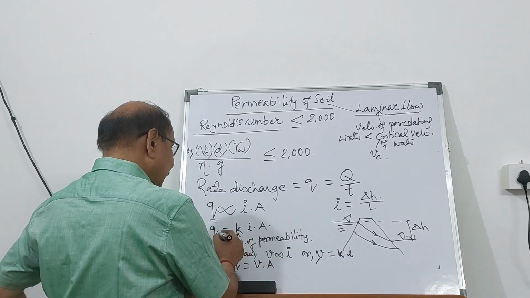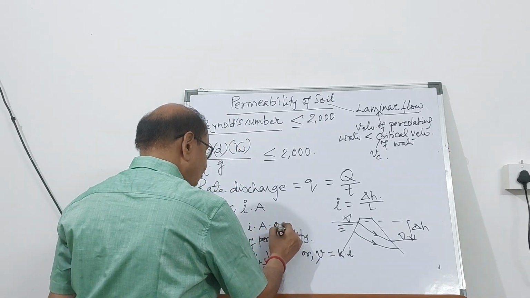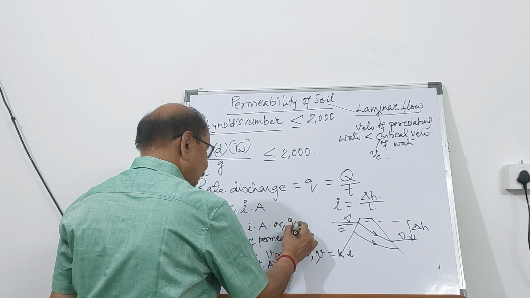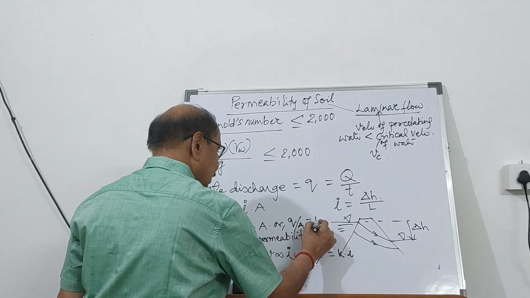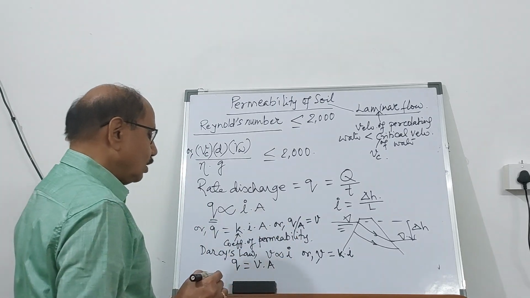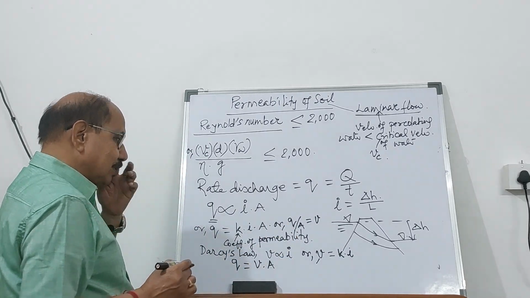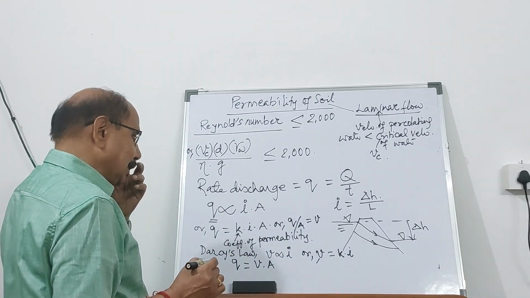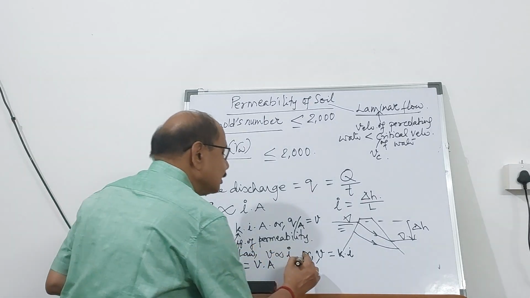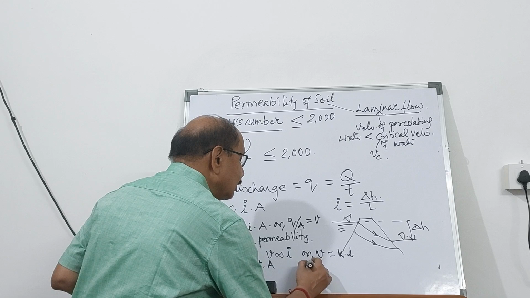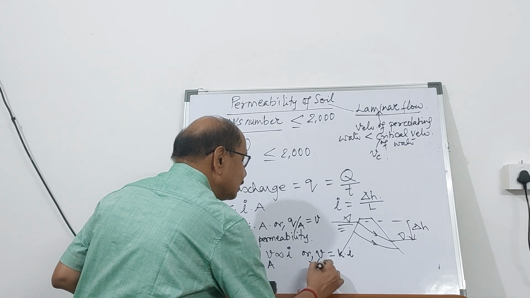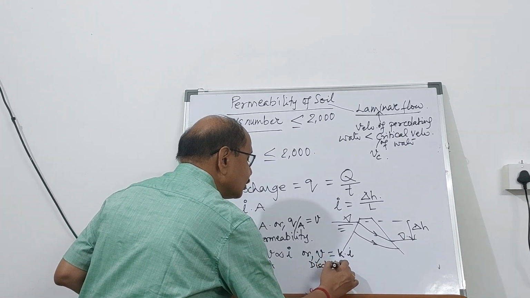So Q by A, or the rate of discharge divided by cross-sectional area, equals velocity. This velocity is called discharge velocity.